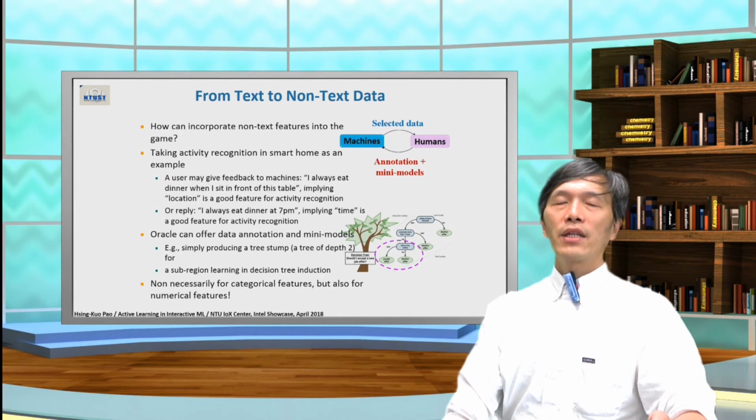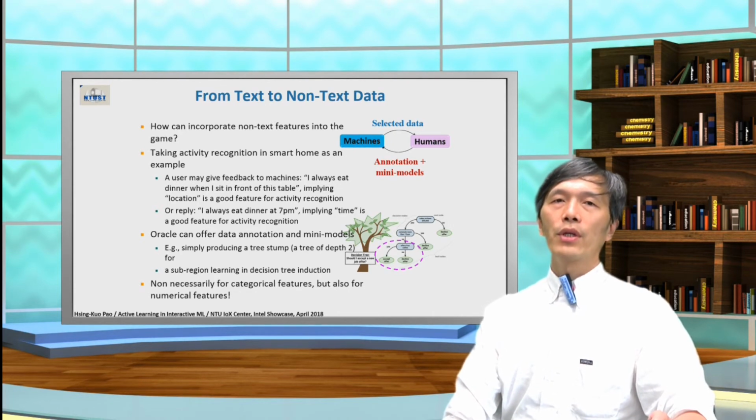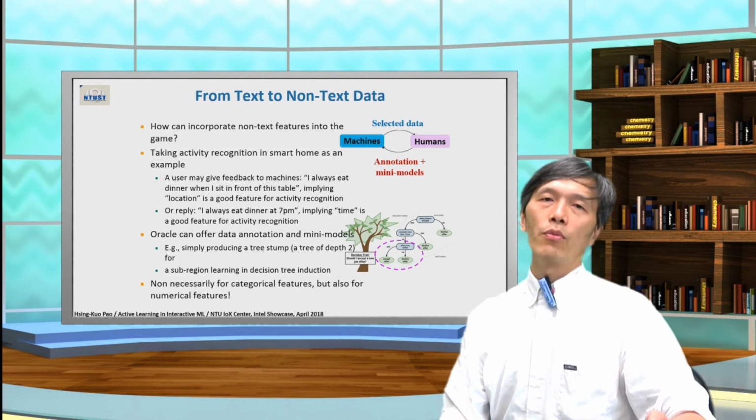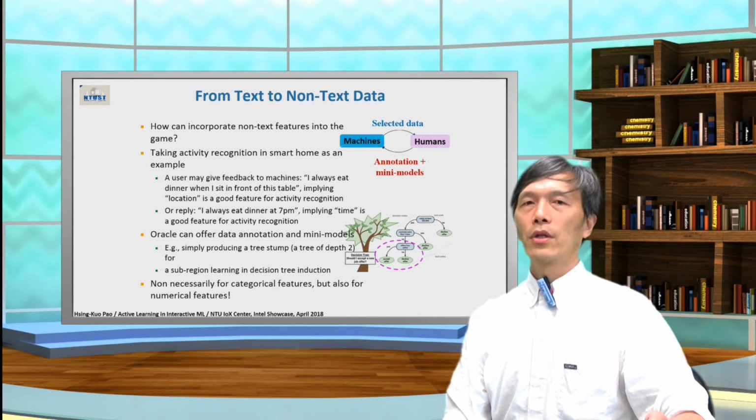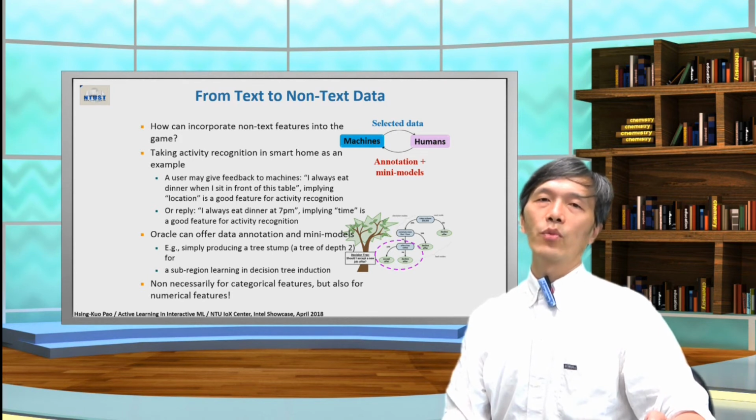Think about the activity recognition scenario, maybe in a smart home, where we want to let the machine know what kind of activity a user is doing at some particular moment. The human can answer, I'm now doing some exercise, I'm now eating, etc. So that is what we consider giving labels to instances.